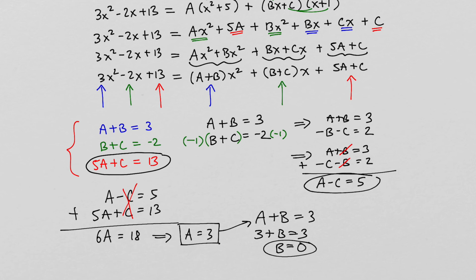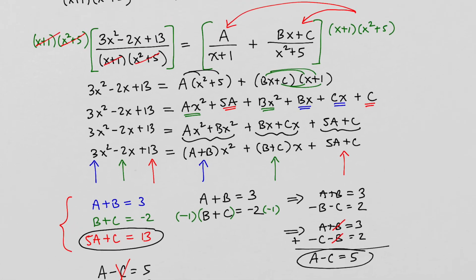And then if I know that b is 0, I can take the second equation, b plus c is equal to negative 2. But if b is 0, that means 0 plus c is negative 2. So c must be negative 2. And now you can see that I have all three values for a, b, and c. So a is 3, b is 0, and c is negative 2.